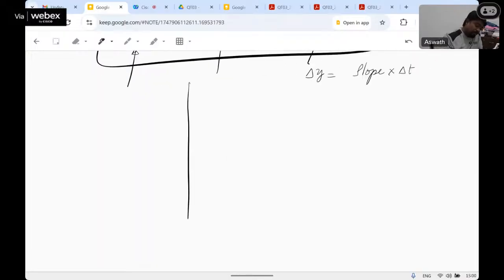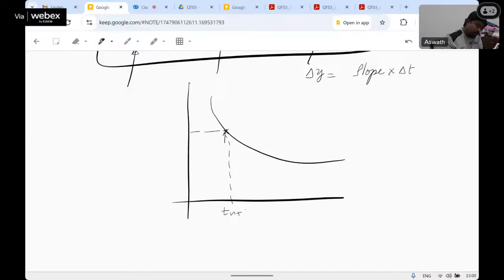So to draw a geometrical interpretation, if I take a curve like this, let's say I know tn and yn. I want to find, at this point tn plus 1, the value yn plus 1.